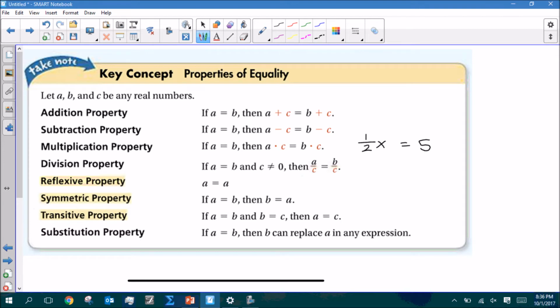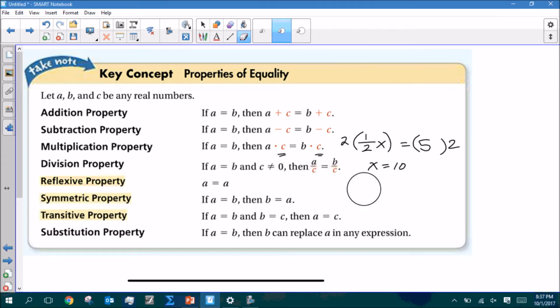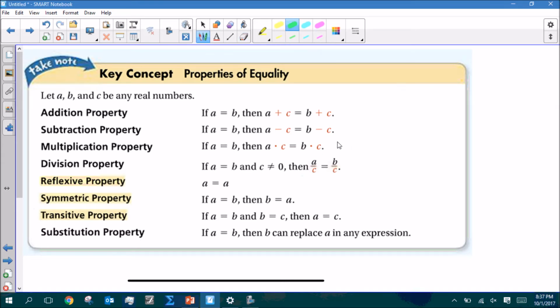We're saying those two things are equal. This is representing a number. This is a number. We can multiply this side by 2, some c value, and multiply this side by the same 2, some c value. As long as that c is the same on both sides, you would get x equals 10. So that's the multiplication property of equality. Multiply both sides by the same thing, and you're fine.